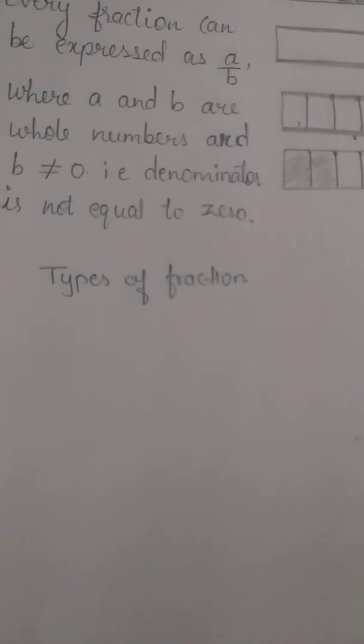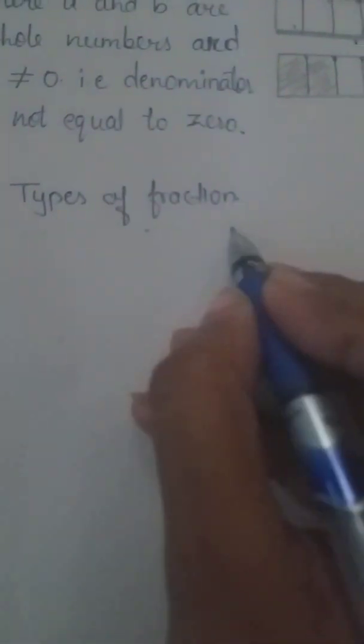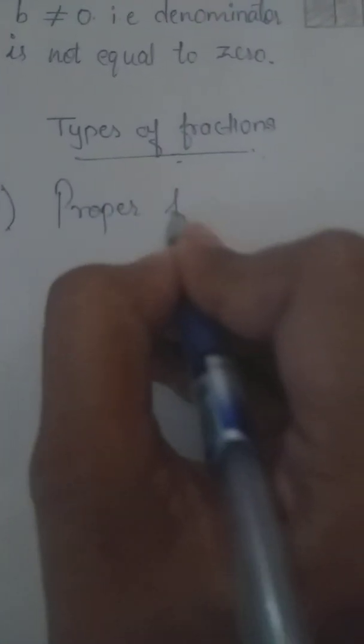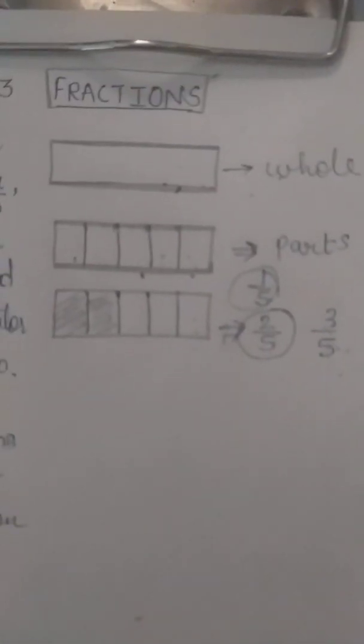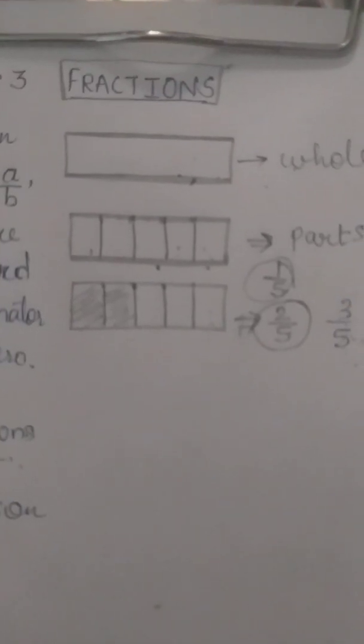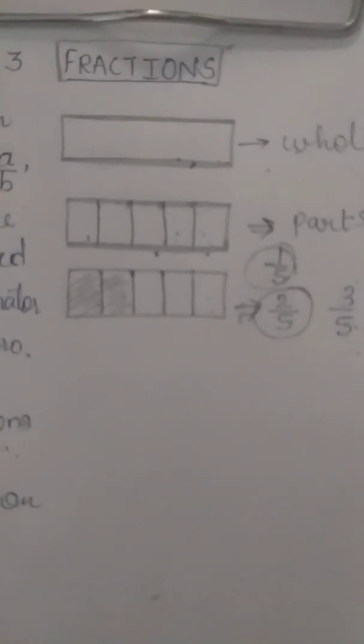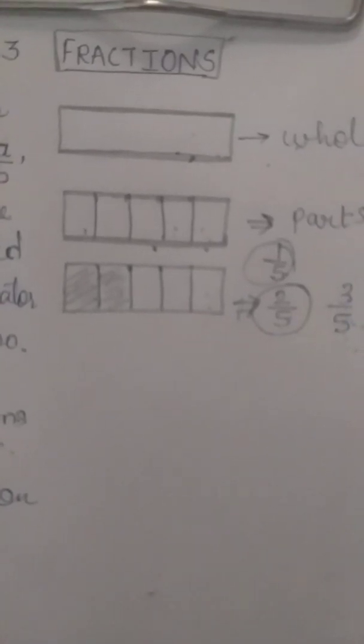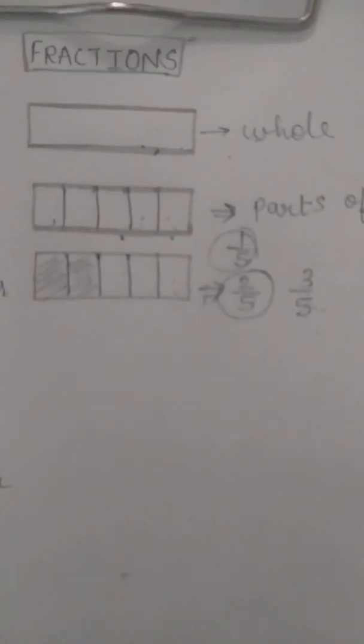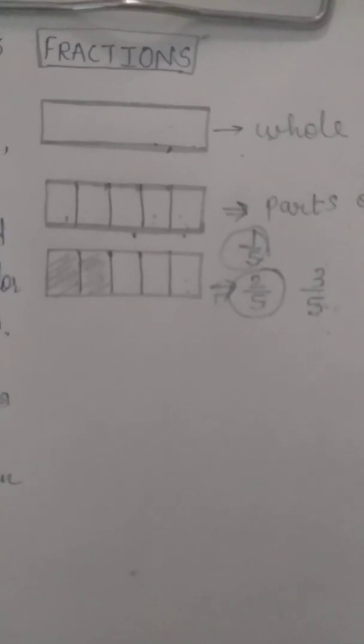Now we'll move ahead with the types of fractions. First, proper fraction. We'll take a similar example. If a box is divided into 5 equal parts, each part is said to be 1/5 of the whole box, and if out of these 5 equal parts 2 parts are shaded, it is 2/5, and non-shaded 3/5.